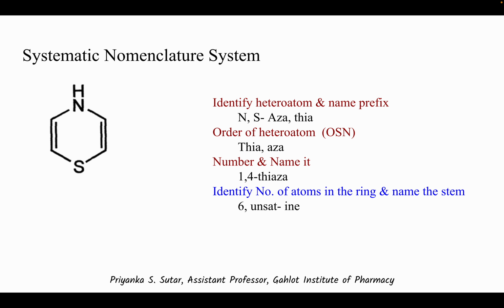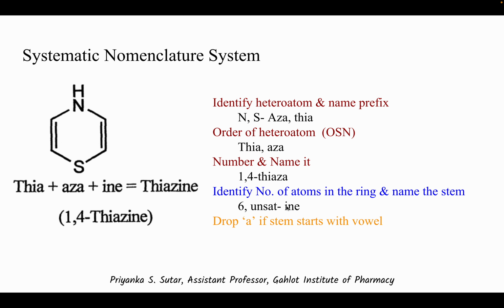Now the rule: drop A if the stem starts with a vowel. The stem starts with I, which is a vowel, so you will drop the terminal A of the prefix. Write down the name of this structure. It will be 1,4 thiazine.